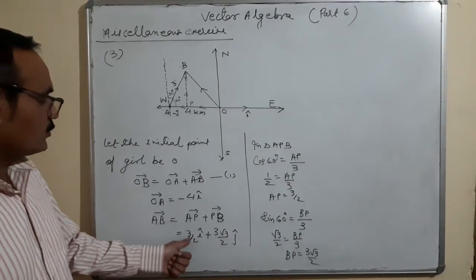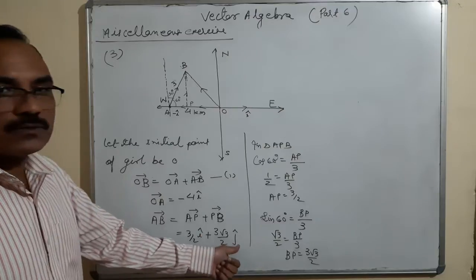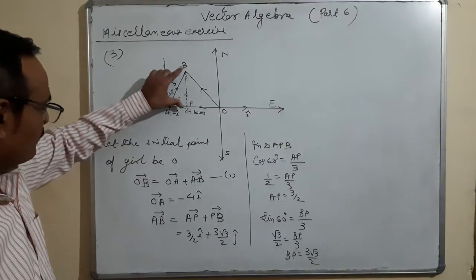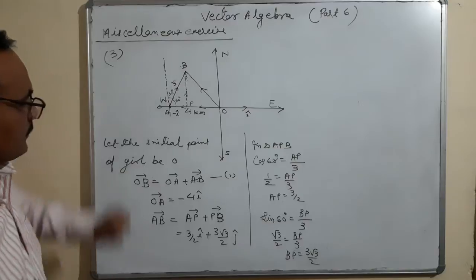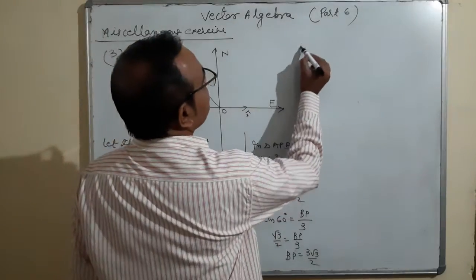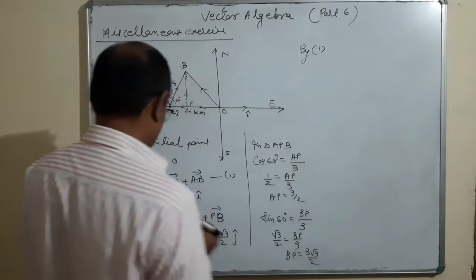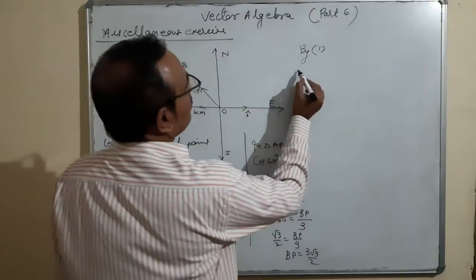So vector AB is equal to 3 by 2 i plus 3 root 3 by 2 j. This is the value of AB. Now why equation 1? Because finally we are finding OB.